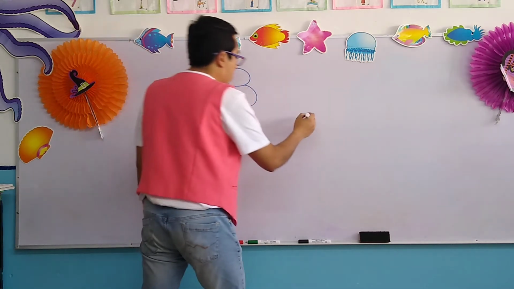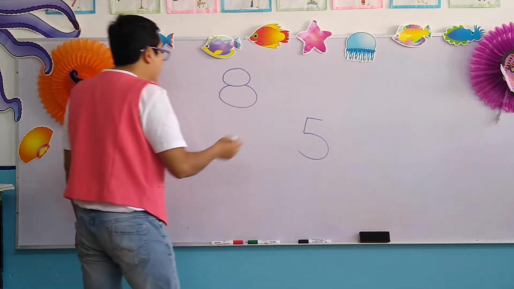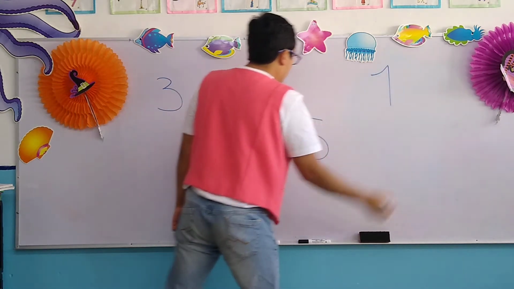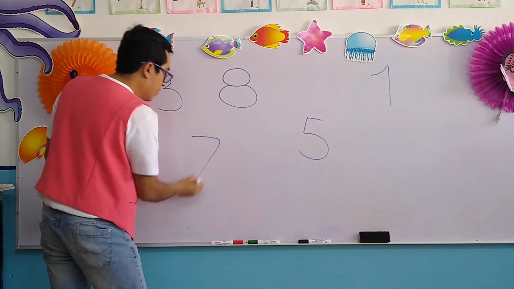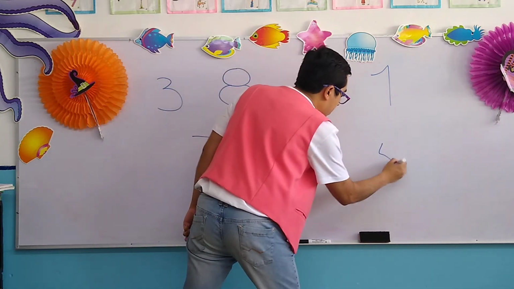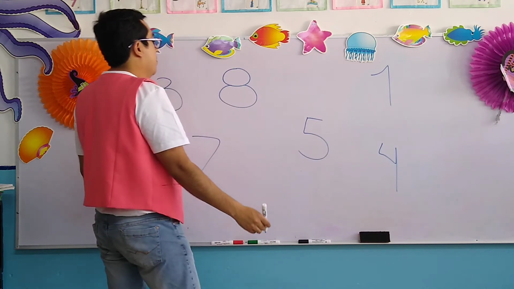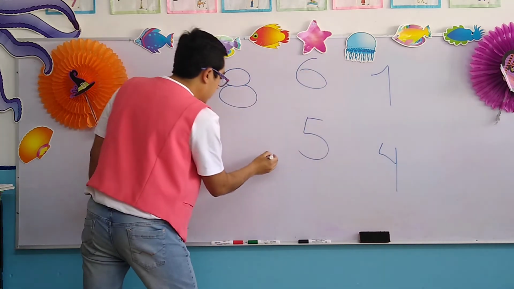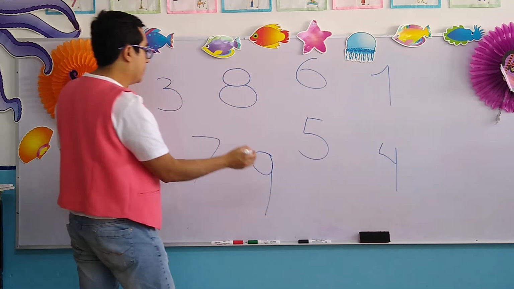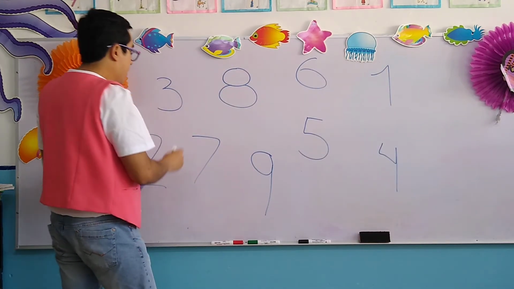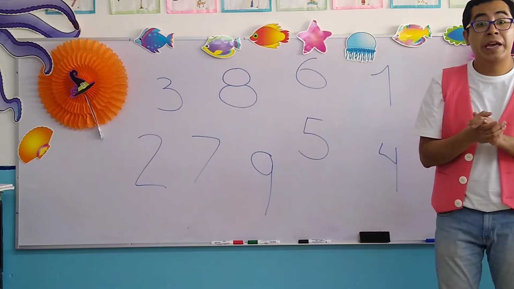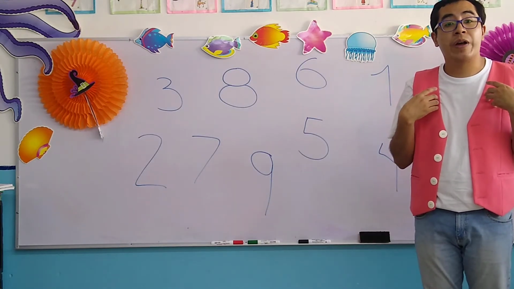And the next number, let's see, number 5. Let's continue with this. Then this number, the one that looks like a chair, the cherry, and the balloon.